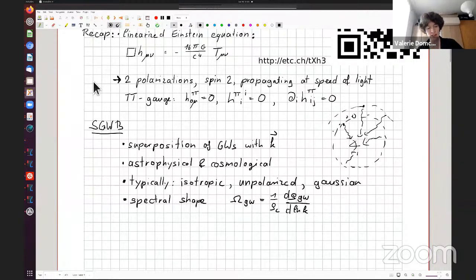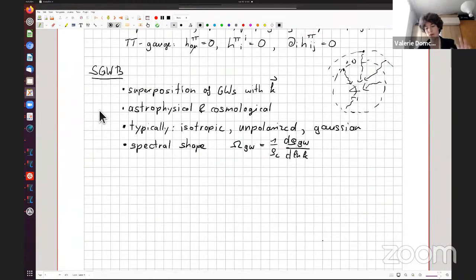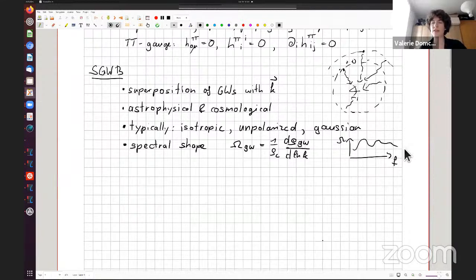So this essentially tells us how much energy is stored in gravitational waves per logarithmic frequency interval. And so we will have Omega as a function of f, and we will get some spectrum, right? And this is the thing we want to observe with gravitational wave detectors, which are sensitive at different frequencies.